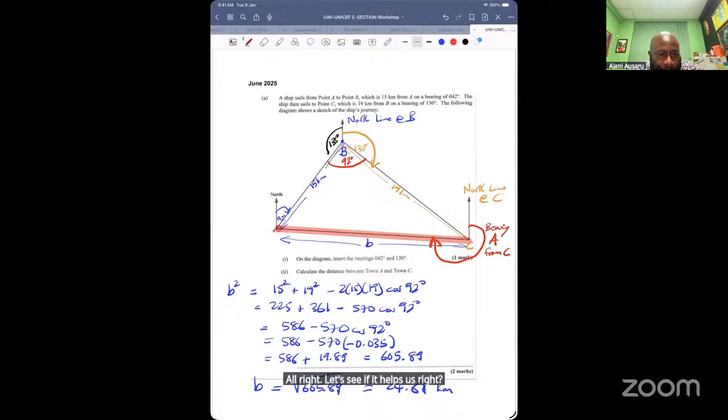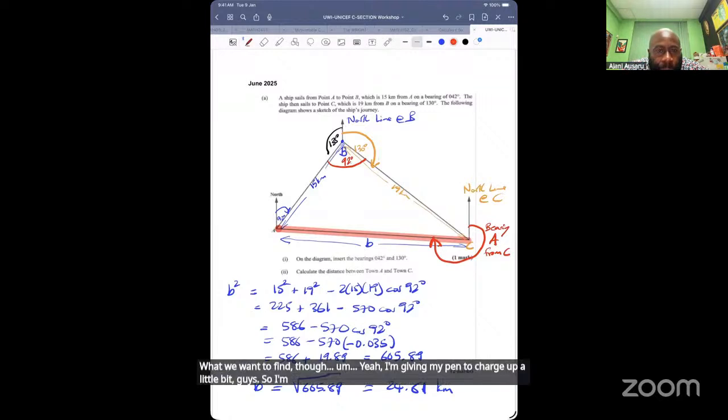All right. Let's see if it helps us. What we want to find though, I'm making my pen charge up a little bit, guys, so I'm just talking here.